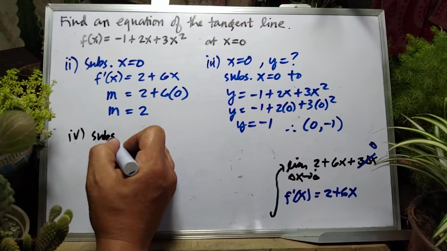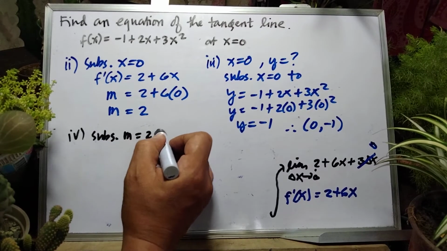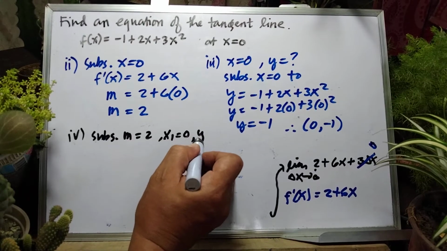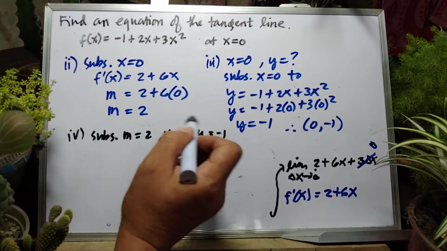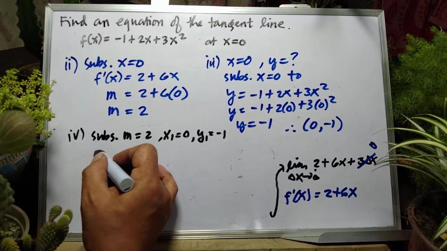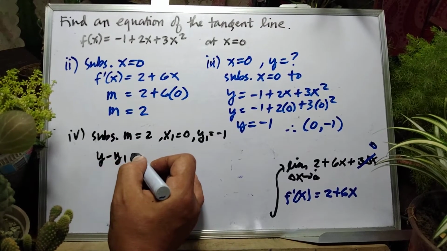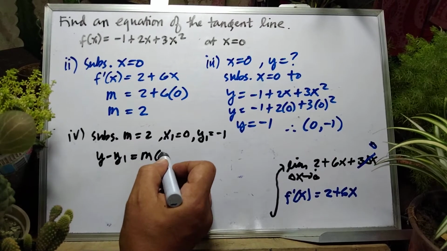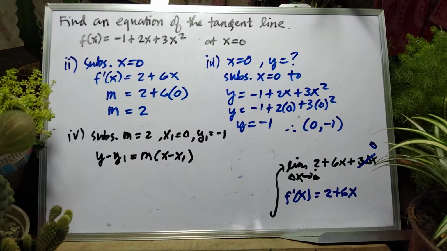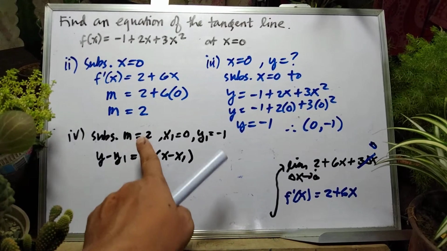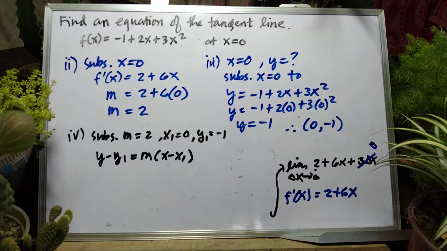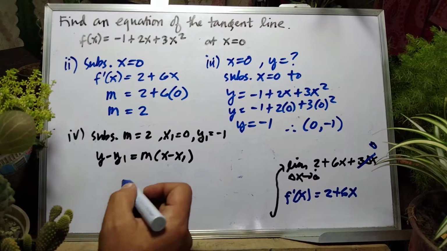Substitute m is equal to 2, x sub 1 is equal to 0, y sub 1 is equal to negative 1. To the point-slope form, we have y minus y sub 1 is equal to m times x minus x sub 1. Okay? So, ipangbutang na nato ang mga value ni m, x sub 1, ug y sub 1 diri sa point-slope form.